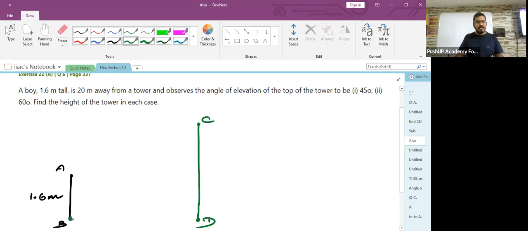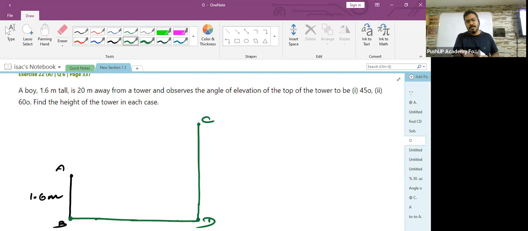So does that mean the distance from B to D will be 20 meters? What do you think, children? Yesterday, while teaching you the basics, I had taught you this, right? The distance between two people or a tower and a person will be from the foot of the person to the foot of the tower or the building.